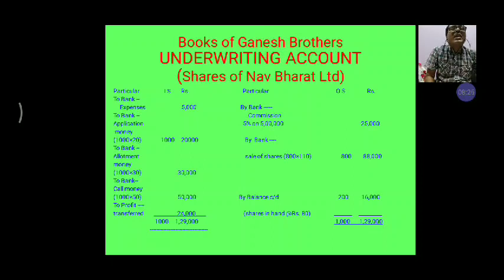Then on the credit side, by bank commission 5% on 5 lakh, because the entire issue was underwritten. So 5% on 5 lakh, how much commission? 25,000. Then by bank sale of shares, how many shares sold? 800 shares are sold.